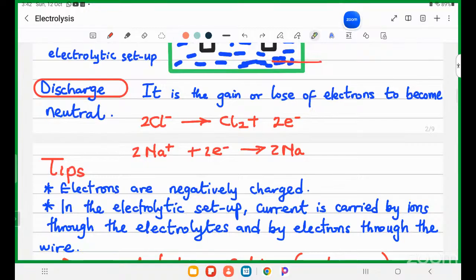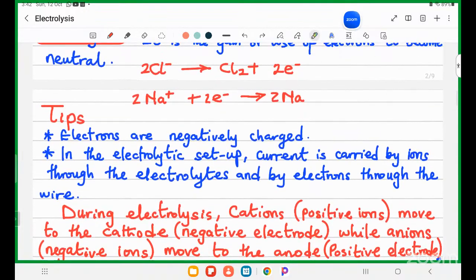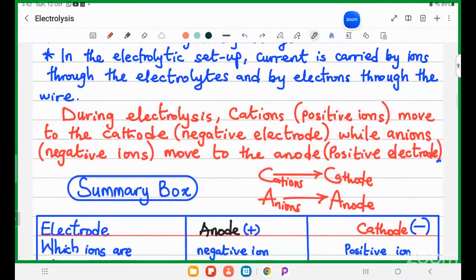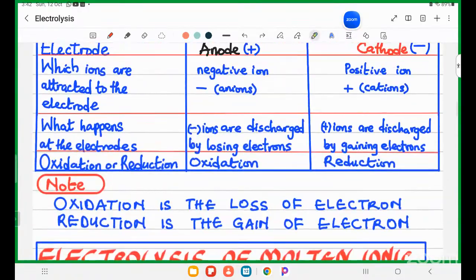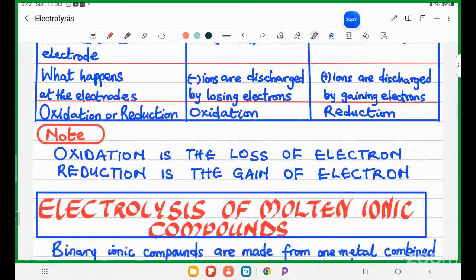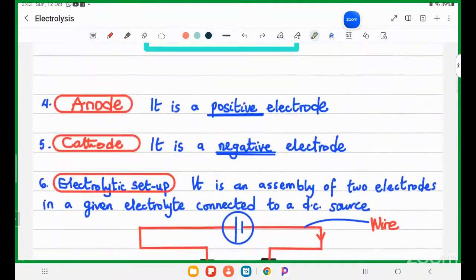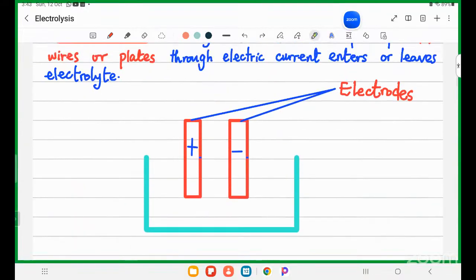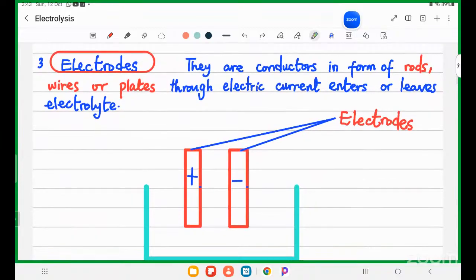So those are the terminologies we normally use in electrolysis. Before we move into the mechanism of electrolysis itself, let me allow you to complete the terminologies, so you can write further.